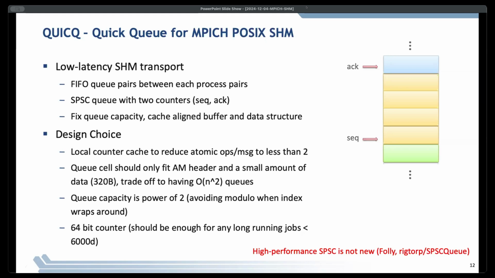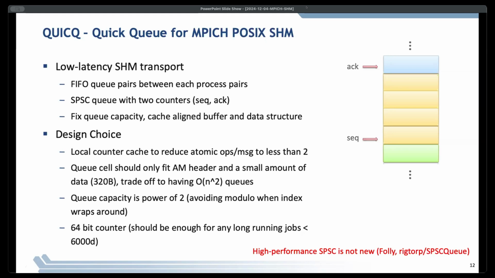And lastly, the counters are 64 bits, and in the current implementation, I never check if they overflow because I did some calculation. If every process is sending a million messages per second, then we'll need the application to run for at least 6,600 plus days to actually have an overflow here.